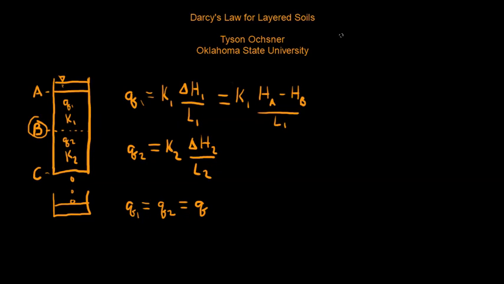So if we start to rearrange this equation for our head at B, we'll move over the K1 and the L1 to the left-hand side. So we'll get Q1 times L1 over K1.